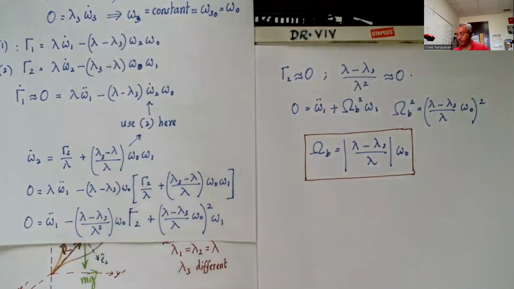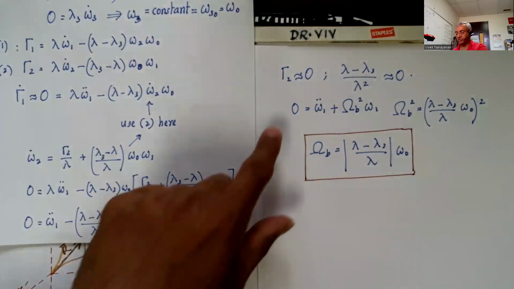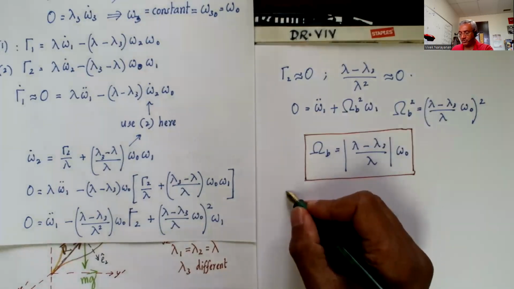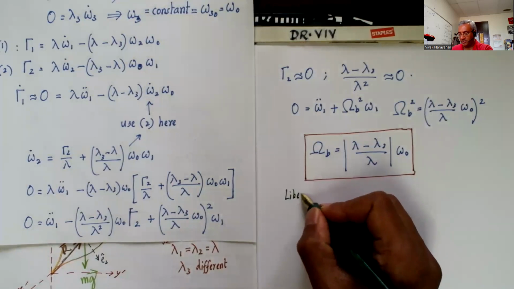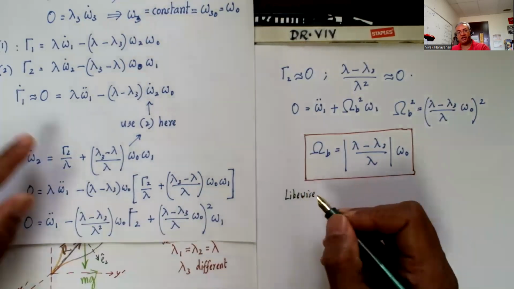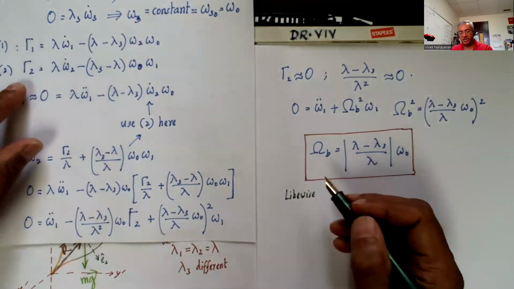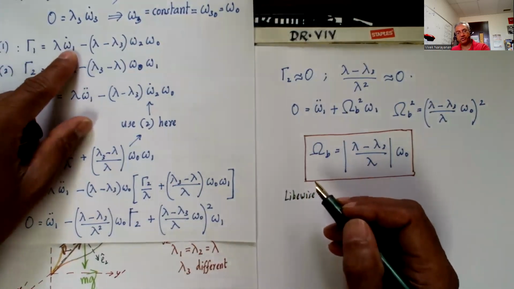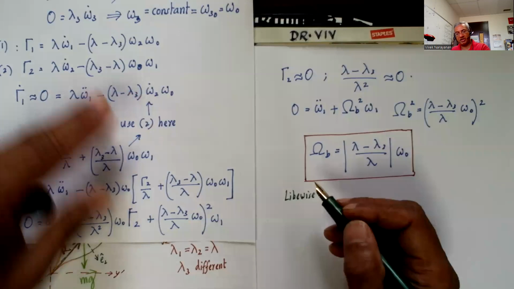Now, more importantly, what this system of equations shows us, we play the same game. What is playing the same game? Differentiate equation 2 first, then use equation 1 to substitute for omega 1 dot, and then repeat the same process.